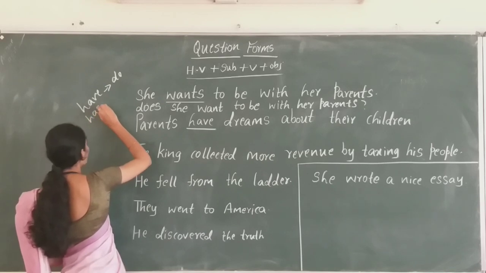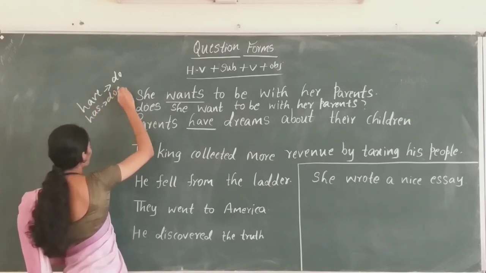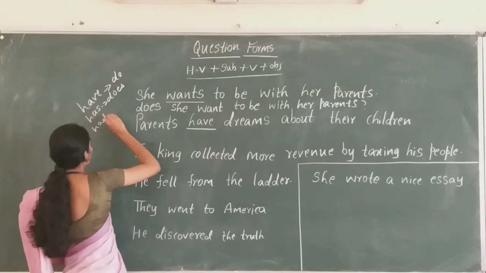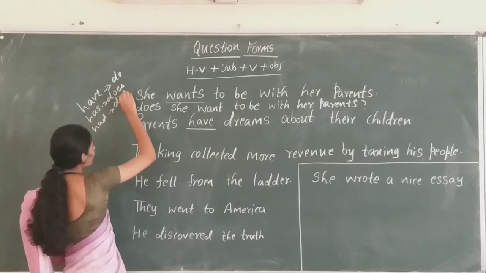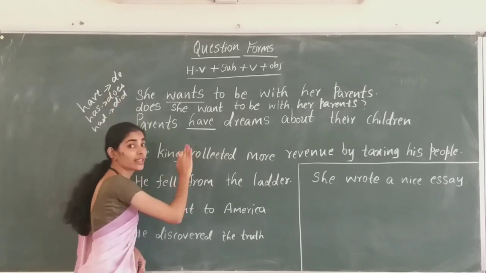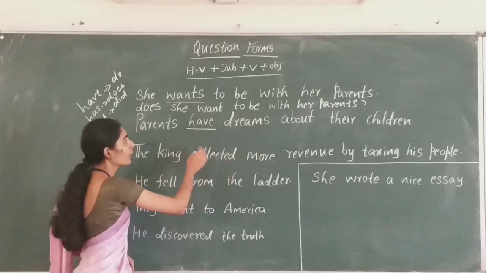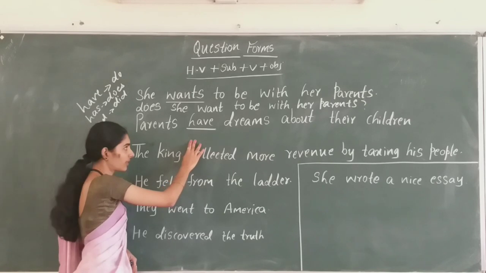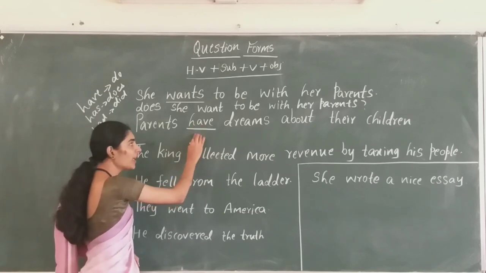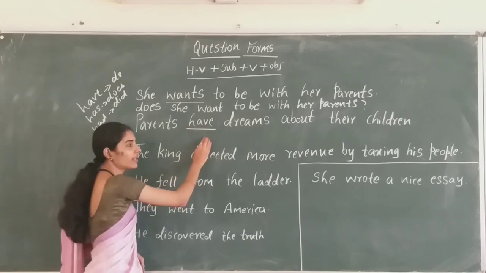If it is has, then it takes does. If it is had, then it takes did. When there are no other action verbs, if you find only one helping verb in a sentence, the helping verb acts as the main verb in that sentence.